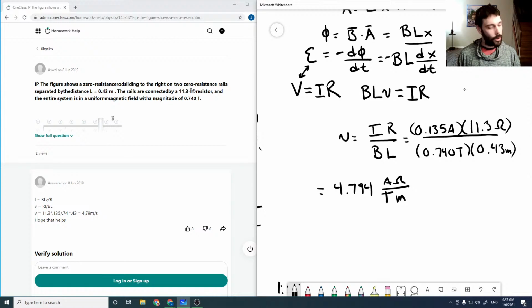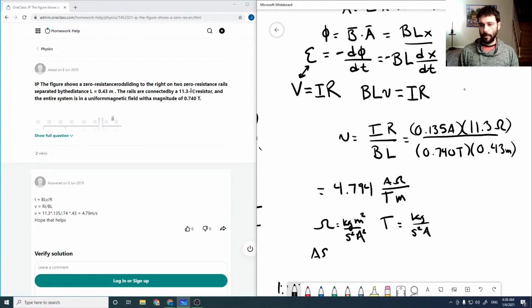An ohm is a kilogram meter squared per second cubed amp squared, and a Tesla is a kilogram per second squared amp.